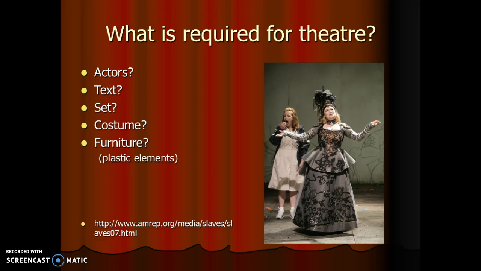We're all wearing clothes usually most of the time. So you could argue that we're all wearing costumes. What we're trying to get at is the essence, what makes theater, not the things that we all have in our everyday lives anyway. You could argue that you're wearing a costume right now.